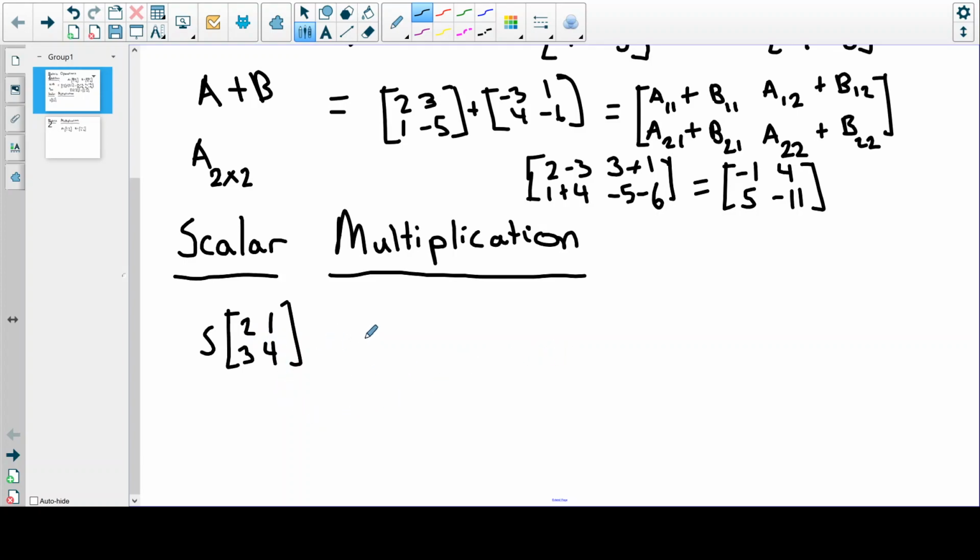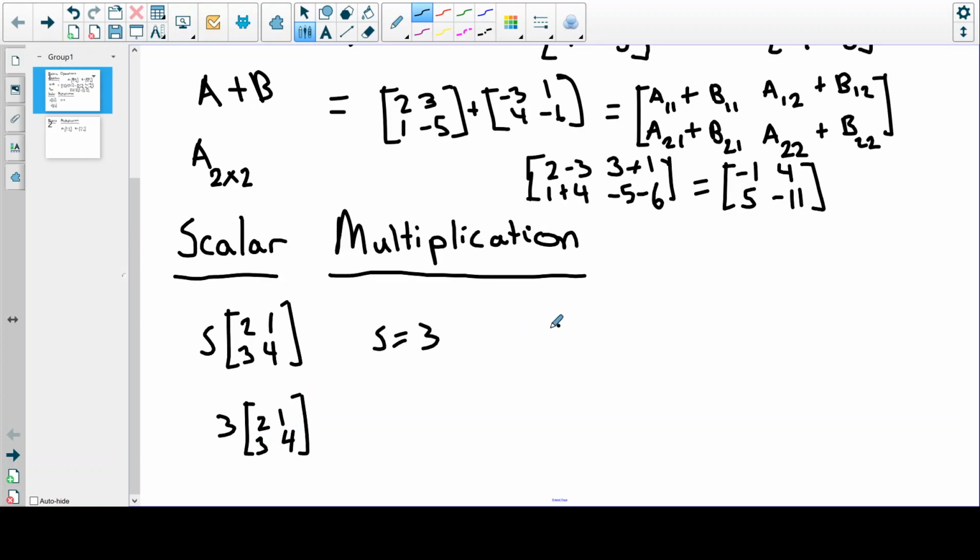And so say if our scalar was equal to 3, our final product would be 3 times this matrix, which we can call the matrix A, but I'm just going to use examples here.